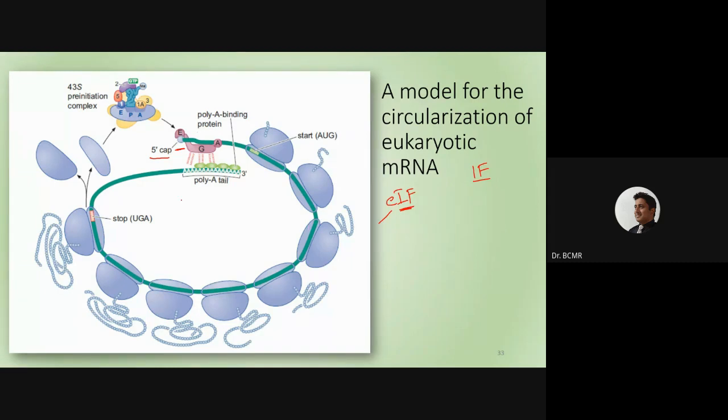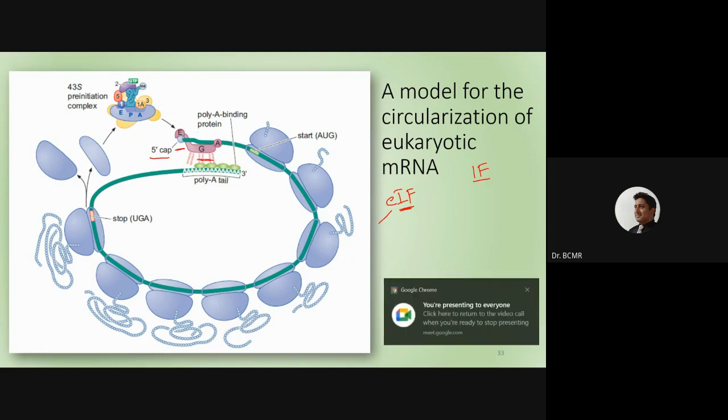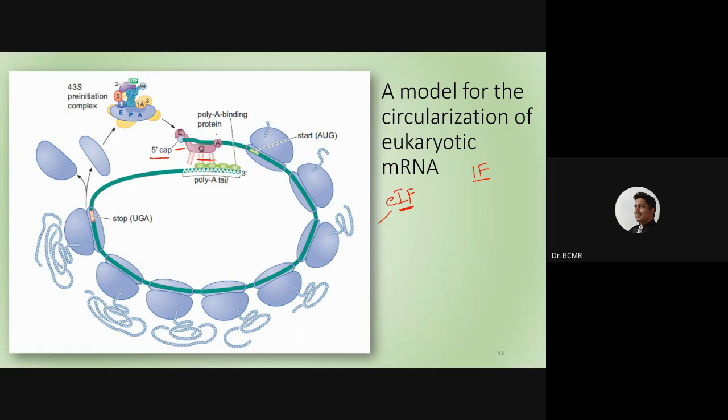We also learned about the circularization of mRNA, on which the ribosomes load at one place, from the ribosome binding site. This is the processing, or preparation, of mRNA for translational initiation.